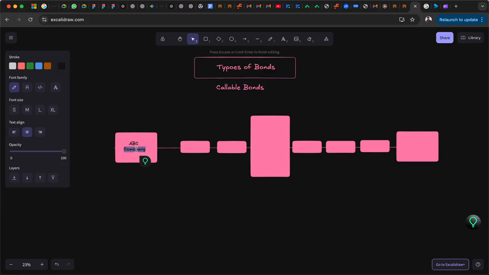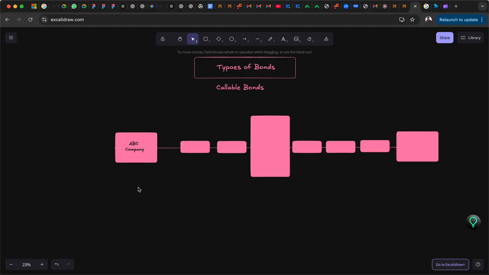On the other hand, XYZ company recently raised 1,000 crores from the market at 7%, and that company is paying only 70 crores on 1,000 crores capital as an interest cost. So here, ABC company can find an opportunity to save an interest cost of 30 crores. How? By exercising callable bond rights.